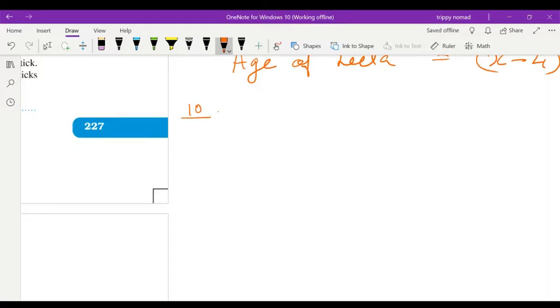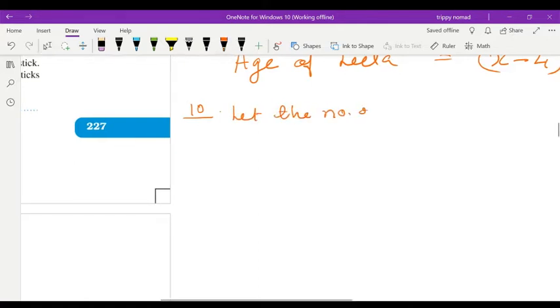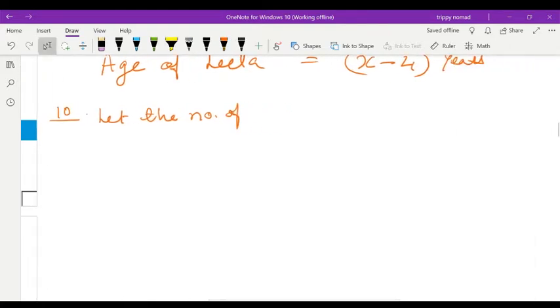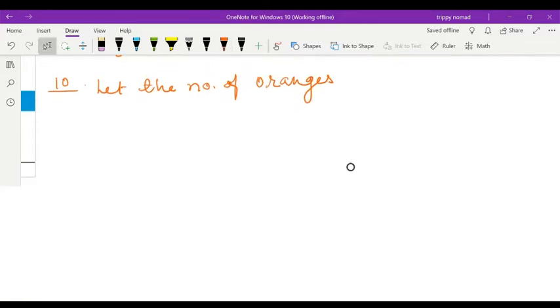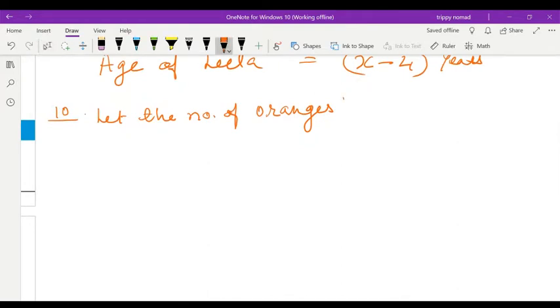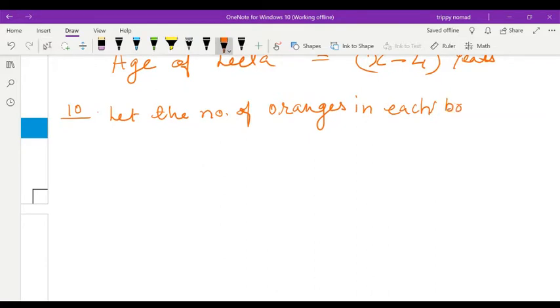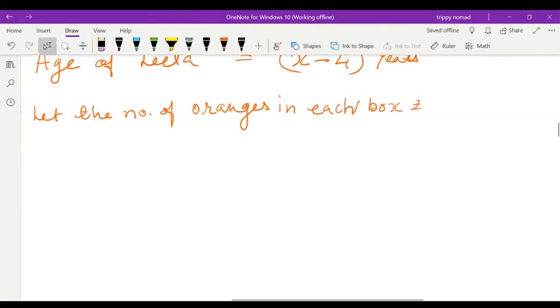Let the number of oranges in each box, that is, each smaller box, be equal to x.